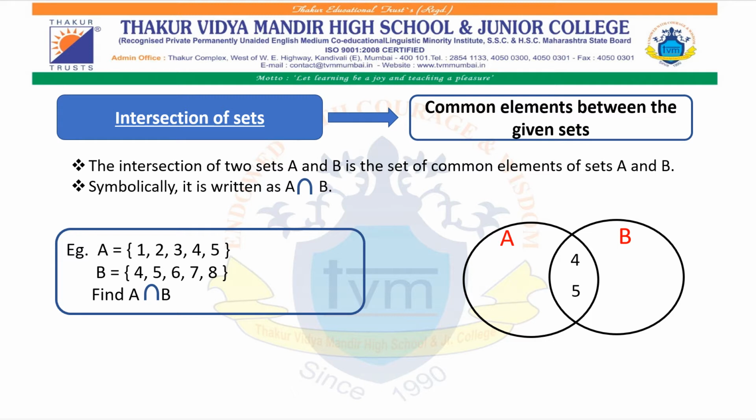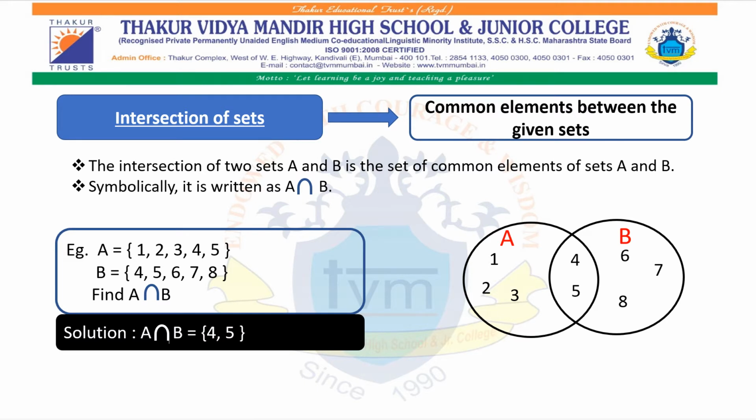The remaining elements of set A will be written outside the common elements but inside the circle, as well as in set B, the uncommon elements will be written in circle B outside that intersection area. Now the intersection area has two elements, that is 4 and 5. Therefore we will write A intersection B is a set of 4, 5.